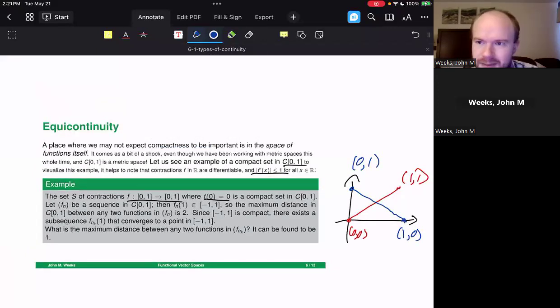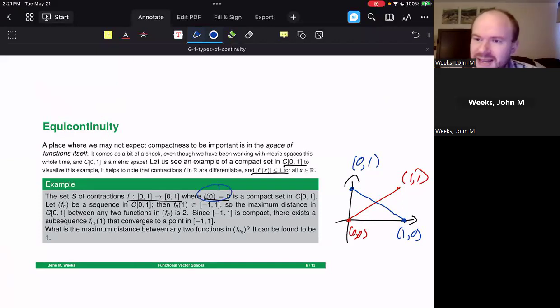So let's start with showing what it is about these that makes them compact. Well, we're going to use the definition of compact that we just used in the previous proposition proof, which is that we want to show that any sequence of contractions, no matter how weird, has a subsequence that converges to another contraction. In particular, all of these are going to be where f of 0 is equal to 0.